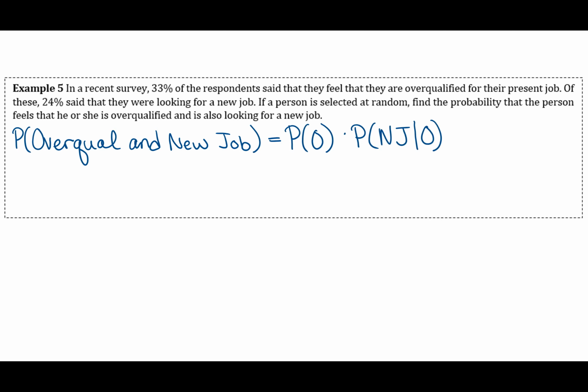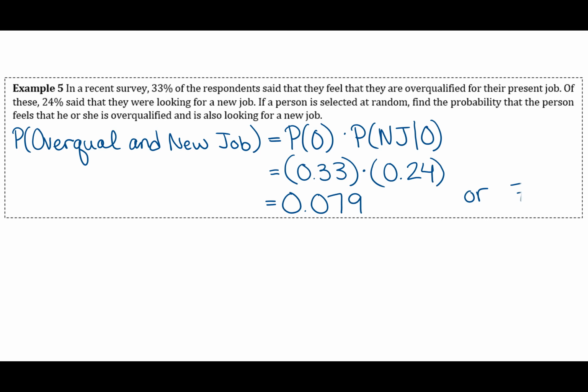Well, it said it was 33%, so 0.33. And then the probability that they're looking for a new job, given that they feel overqualified, well, that's why it says of these, 24% said they were looking for a new job. So that value is 0.24, and then you just multiply those together and you get 0.079. Or if you want to put it back into a percent, that would be 7.9%.